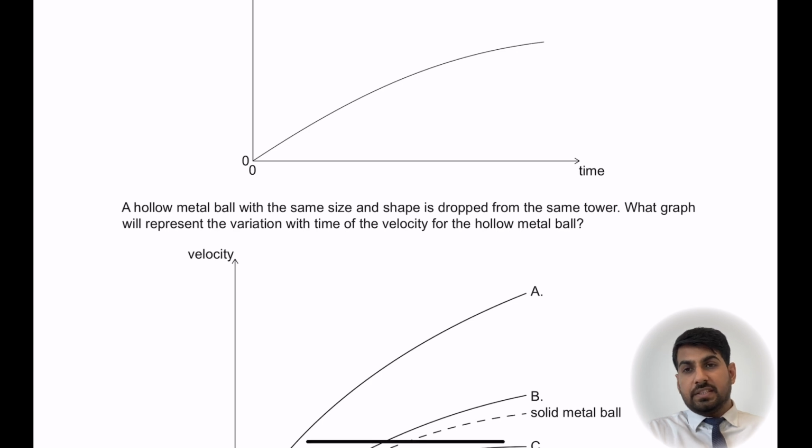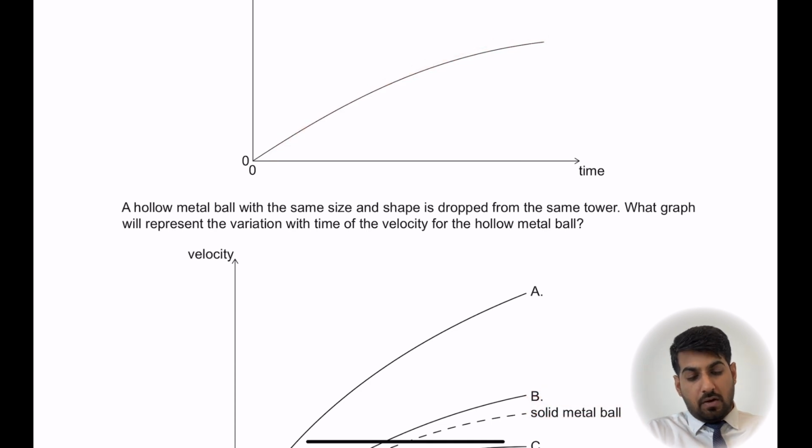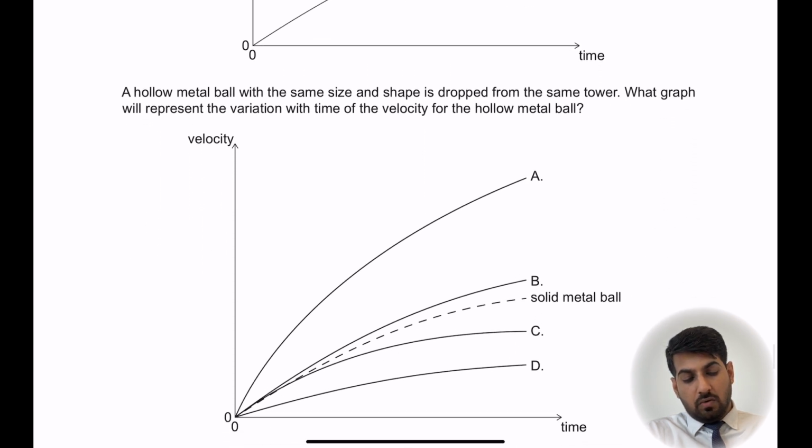With the same shape and same size, this is the solid metal ball, right? So we have to see, look now here, when it is passing through the same tower, guys. Okay, so if it is hollow, then what we can comment is the velocity will reach the terminal velocity more quickly, because the forces will balance quickly.